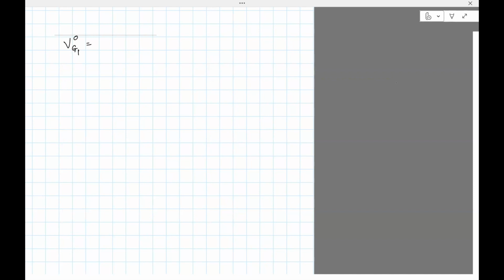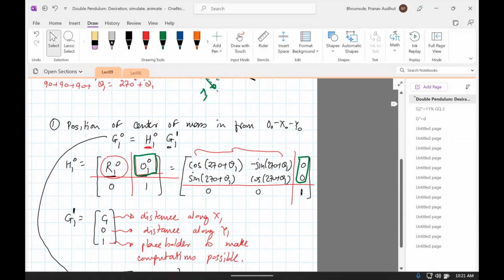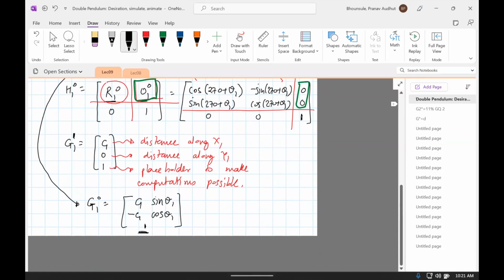For that, we need to do the derivative of G1 in frame 0 with respect to time. So we already have that. So it will be d dt of, and I'm going to ignore the third quantity, but this comes right from the first page. We have computed this. So I'm just going to substitute this formula there.